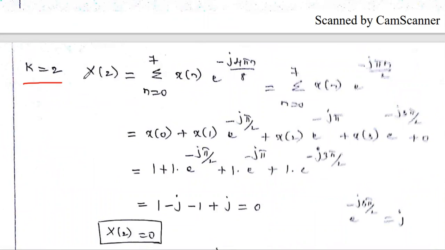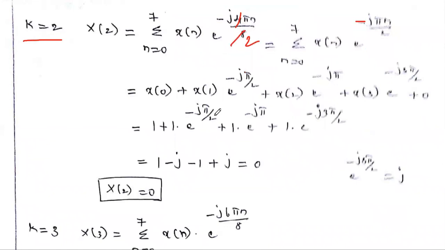So the capital X of 2 equals summation n equal to 0 to 7 of x of n e power minus j 2 pi k n by 8. The k value here is 2, so 2 into 2 is 4. So e power minus j 4 pi n divided by 8. If we cancel with this 8, we get 2 in the denominator. So it is e power minus j pi n divided by 2.